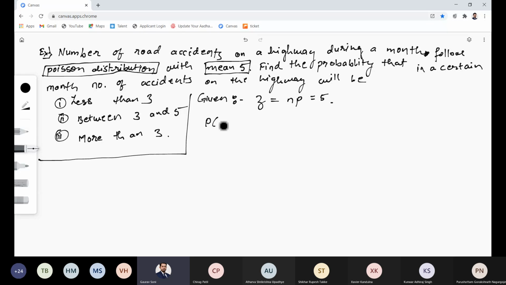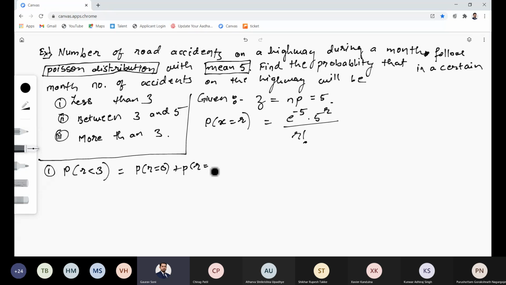So probability of X equal to R successes will be e to the power minus 5 into 5 raised to R upon R factorial. Okay, the first thing that we are supposed to find, probability of R less than 3, which is equal to probability of R equal to 0 plus probability of R equal to 1 plus probability of R equal to 2.